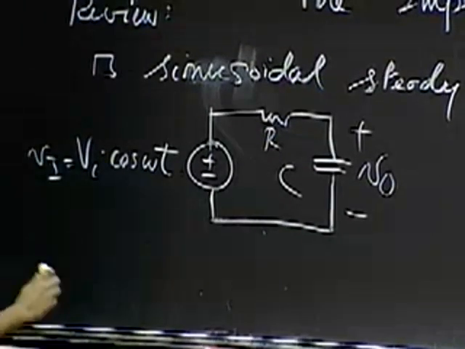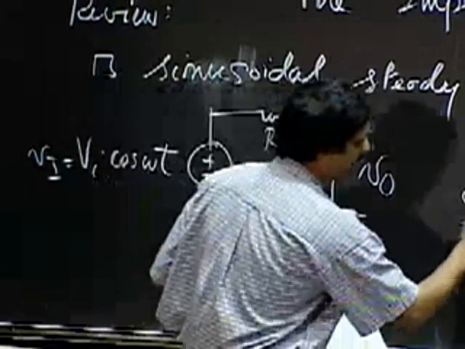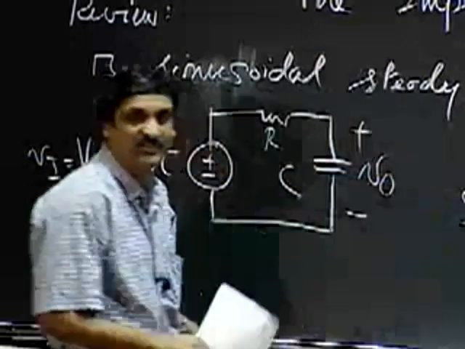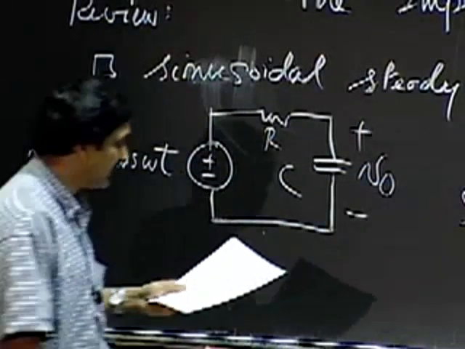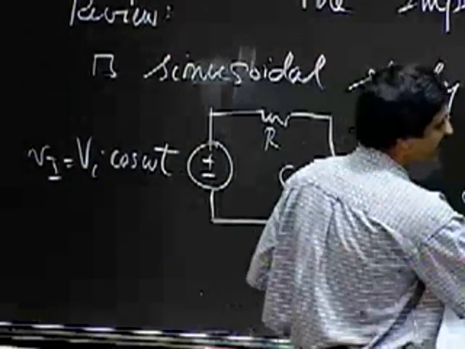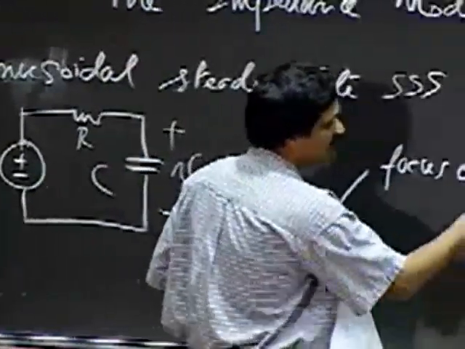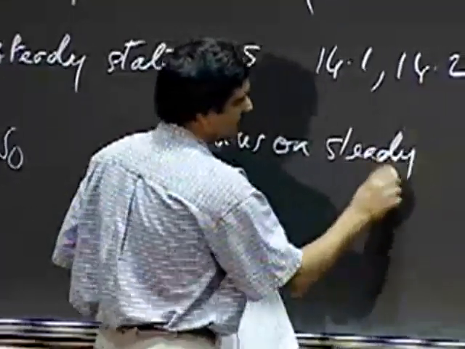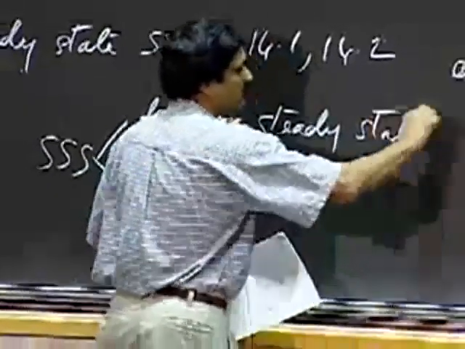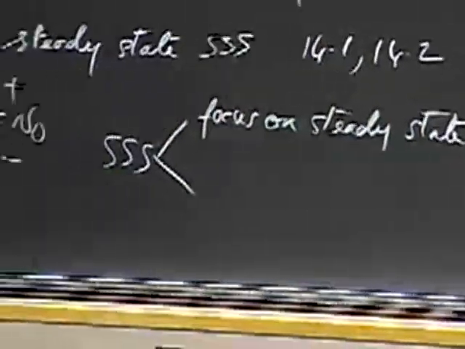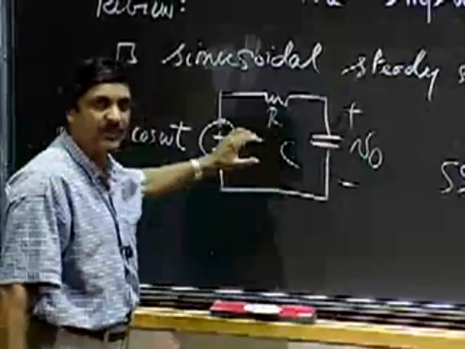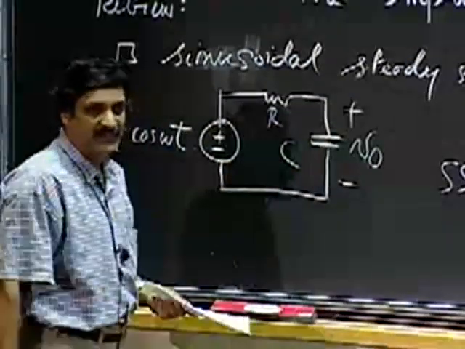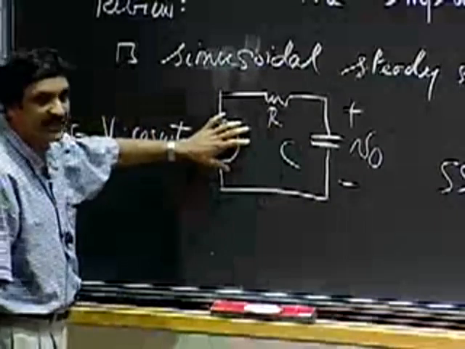What we talked about was focused on the sinusoidal steady state response. And what that meant was, first of all, focus on steady state, in other words, just capture the steady state behavior when t goes to infinity, after a long period of time.